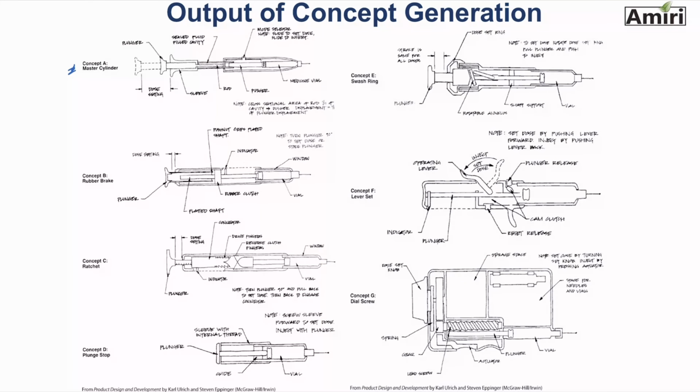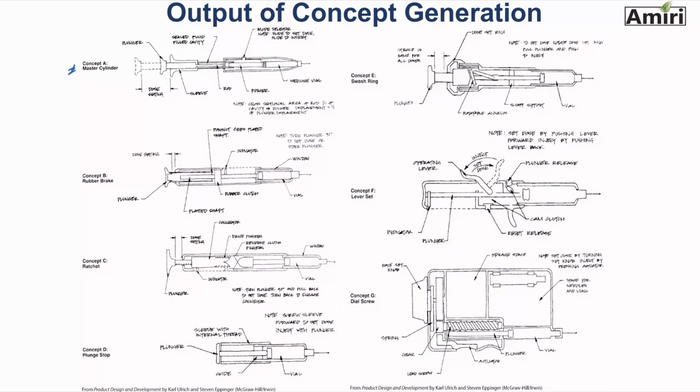Then that eliminates objectivity, and people will form a biased opinion towards one. When you see a better sketch or better CAD model, you understand that concept better, versus maybe a poor hand sketch that doesn't convey all of that information. So whatever the concept presentation is, they all need to have the same level of details included.